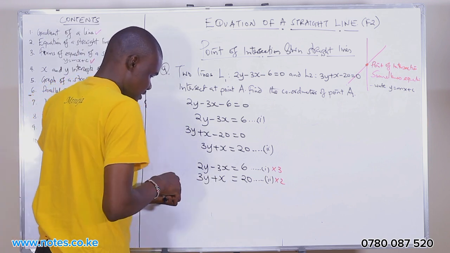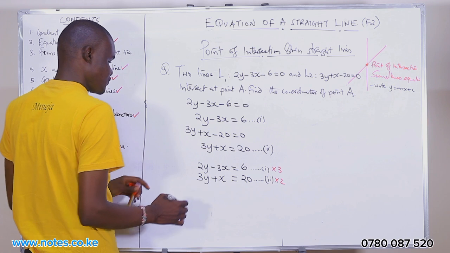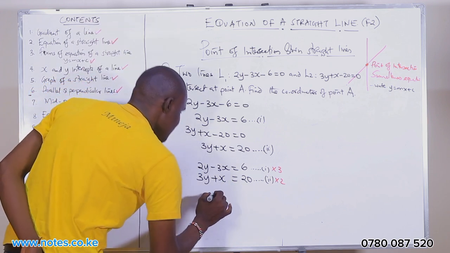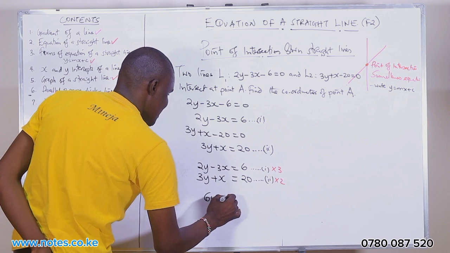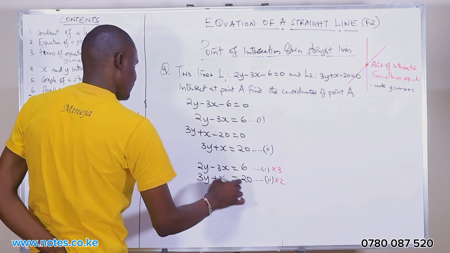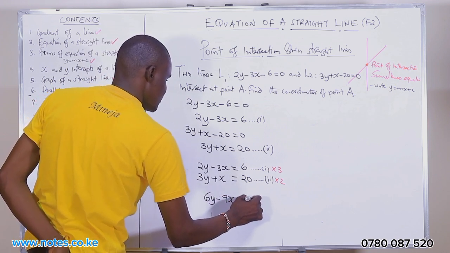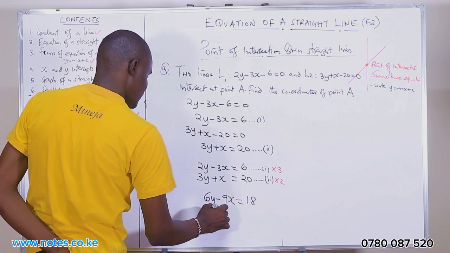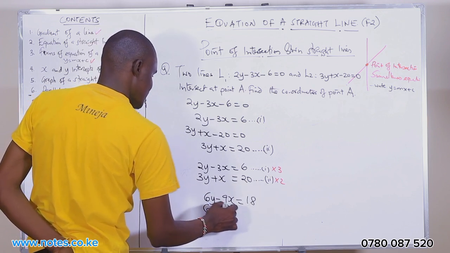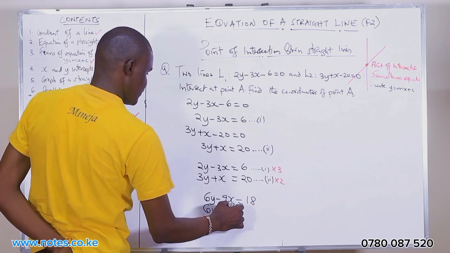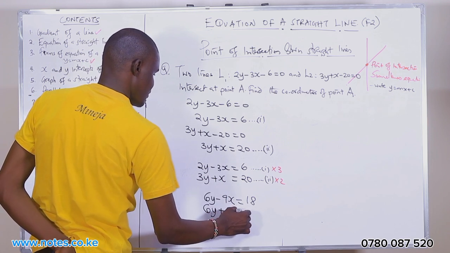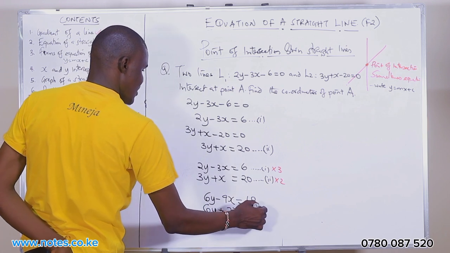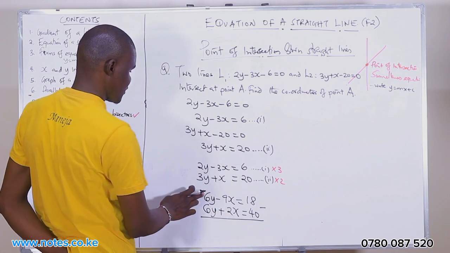Let me see what I have. I'll have 6y minus 9x is equal to 18. Then here I'll have 6y plus 2x, I hope so, is equal to 40. So I can eliminate now by subtraction.